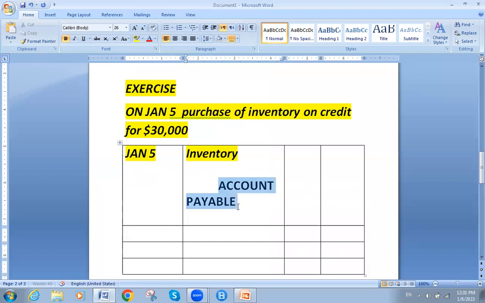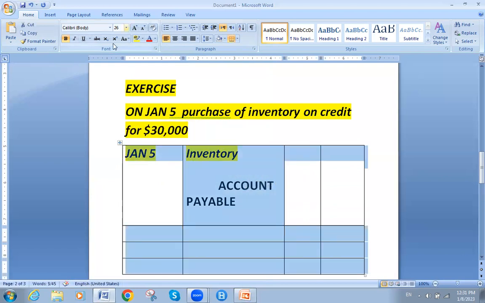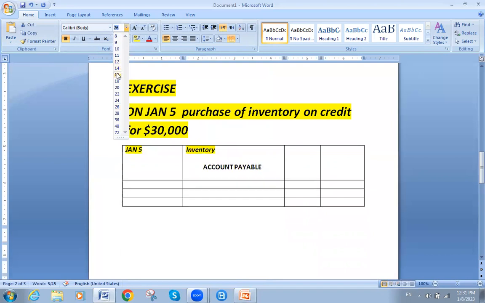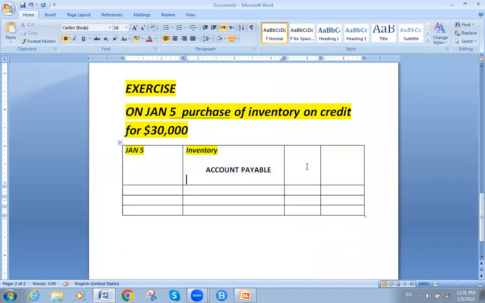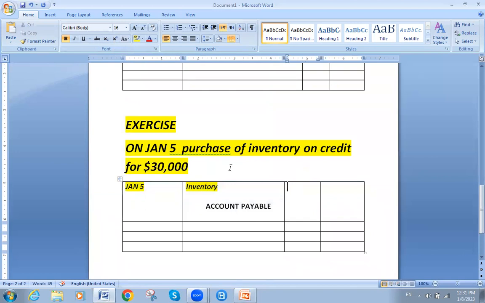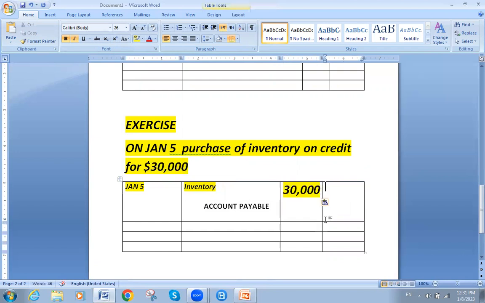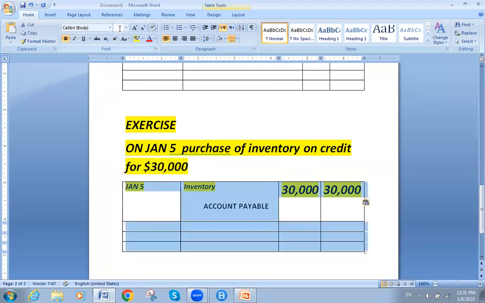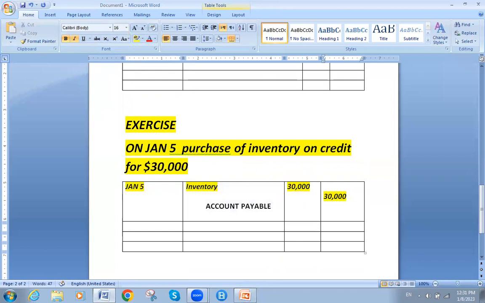Let me write it down small in handwritten so that it won't be large like this. We need it only to be 14 or 16. That's fine. Then here the amount is 30,000. Control and C, this is 30,000, and here 30,000 again. Control and V. All I will do now is adjust everything to the same handwritten size, 16.